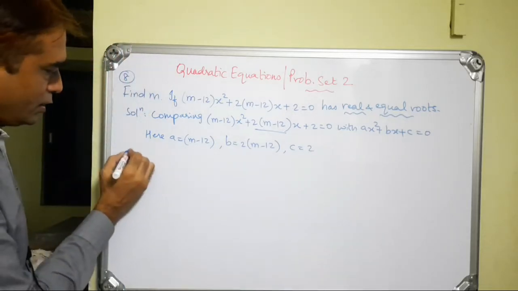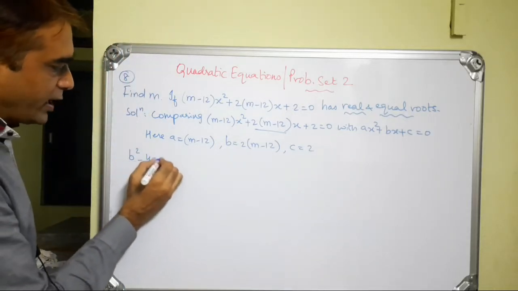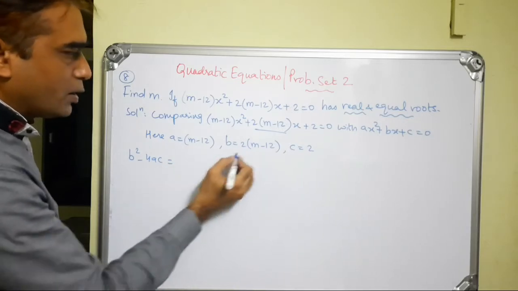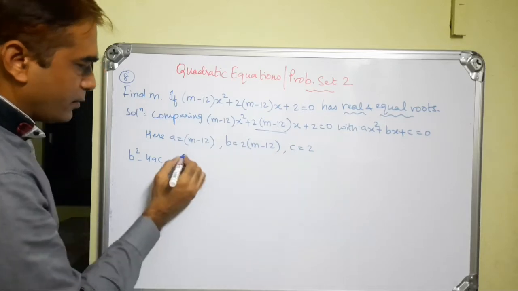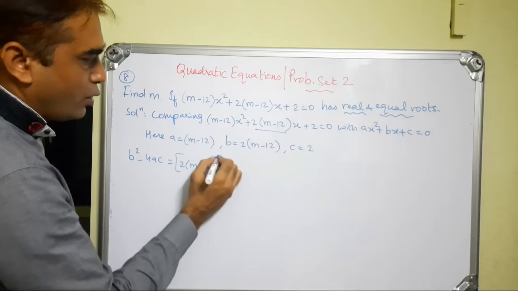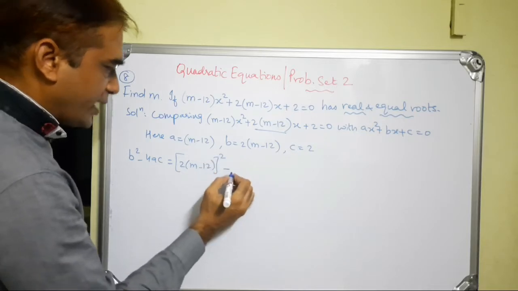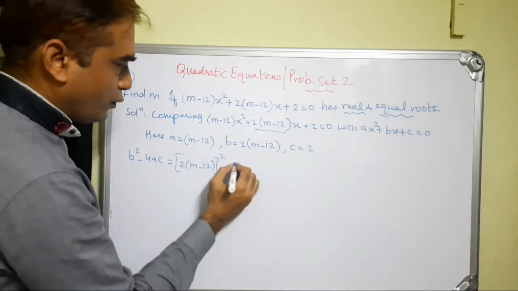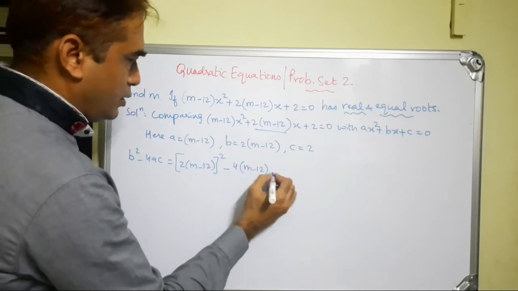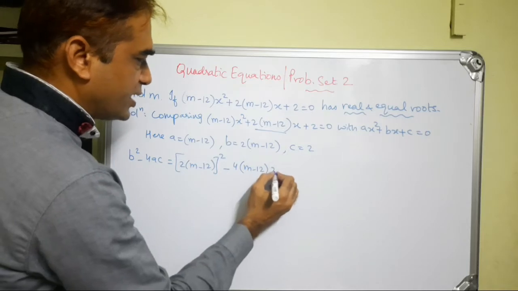So b² − 4ac equals, value of b is this, so this whole square means [2(m − 12)]² minus 4ac. So 4, value of a is m − 12, and c is 2.